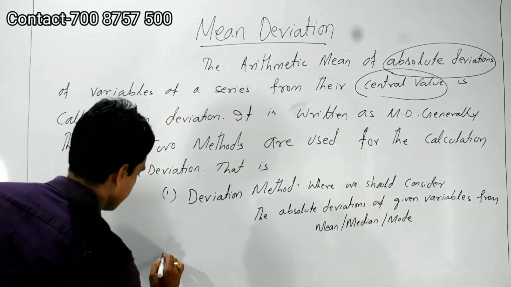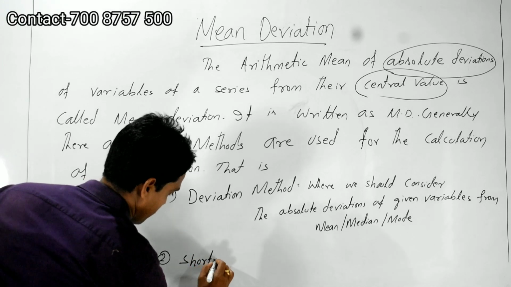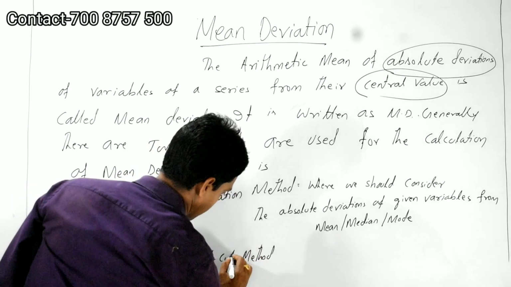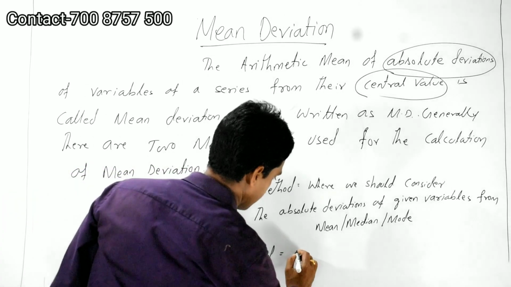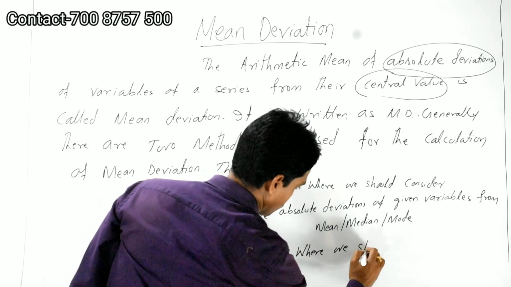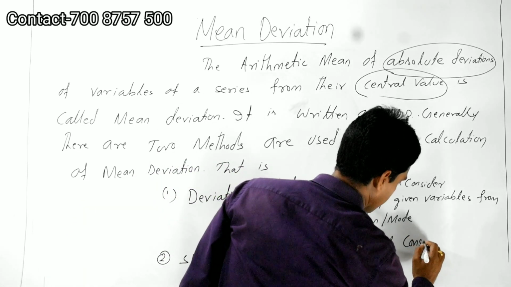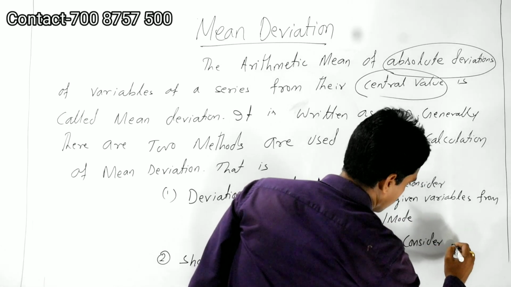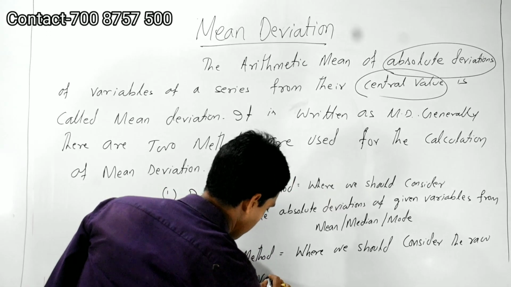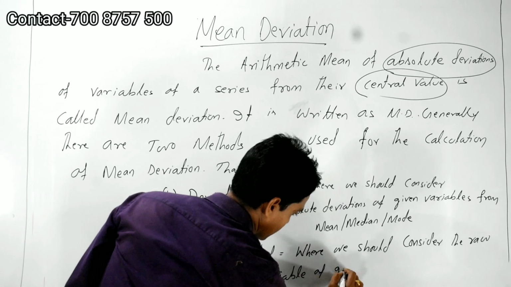The second one is the shortcut method, where we should consider the raw variables of the given series.